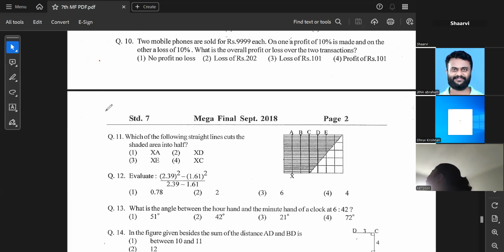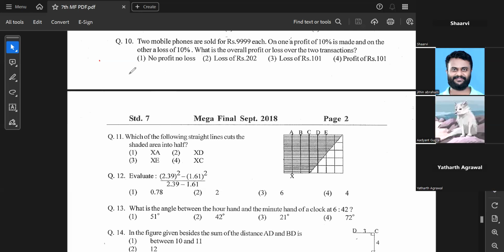That way we'll get that the profit is 909. And the same way for the loss, the CP is 100 and the selling price is 90 because of 10% loss. I did the same method. So the loss is coming 1,111.